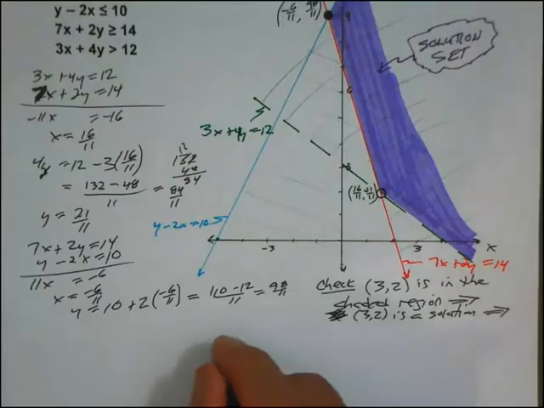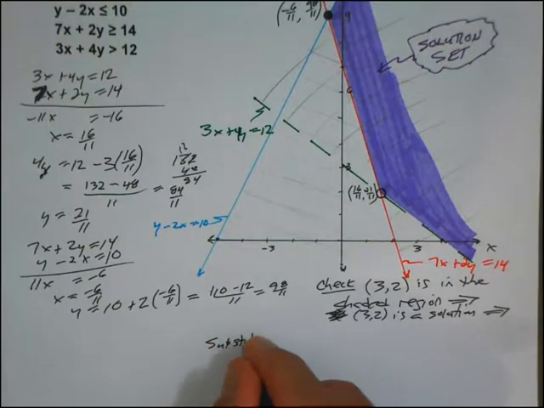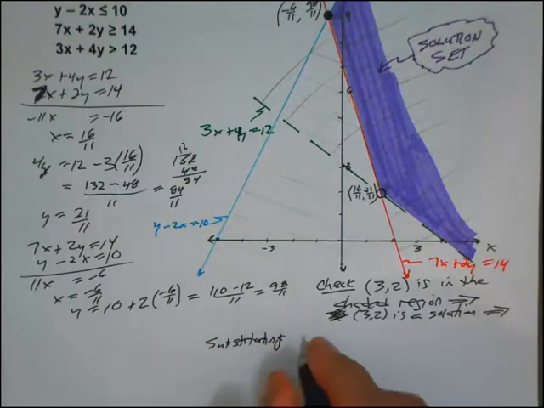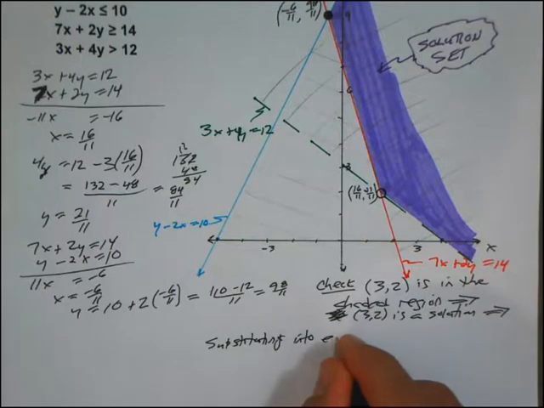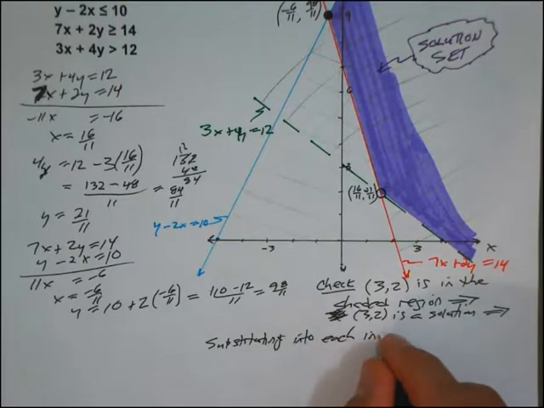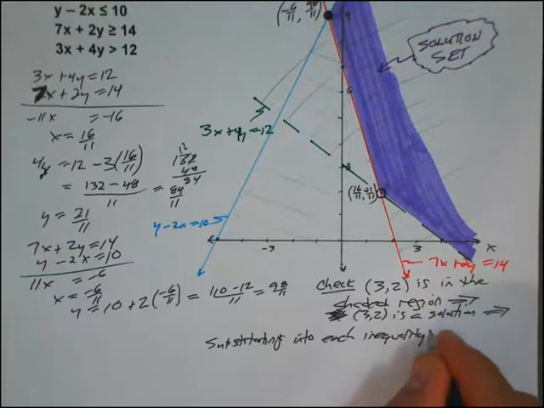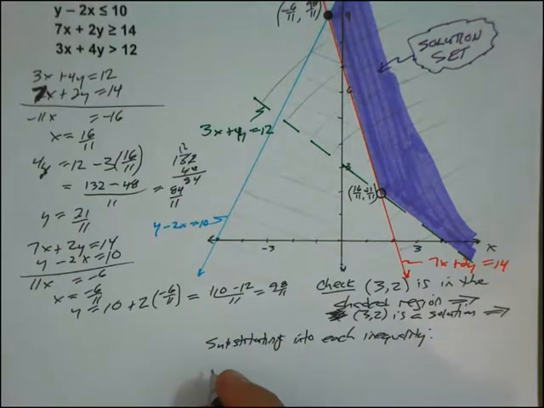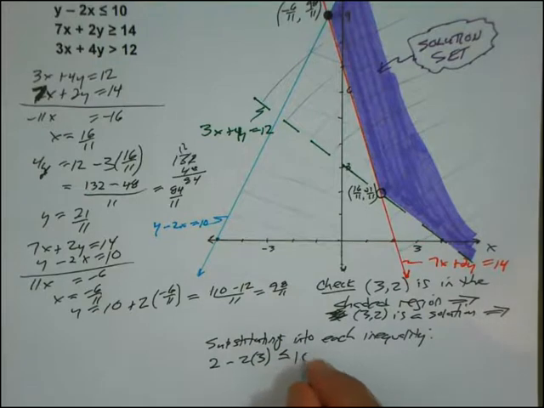So that means we should be able to now substitute this into each inequality. Let's see what we get, because we need to get true in every single case, otherwise we've got an error or an inconsistency. Okay, first inequality, here it is. We now have 2 for y and 3 for x, so this becomes 2 minus 2 times 3 less than or equal to 10.